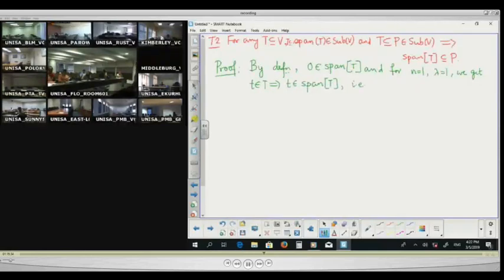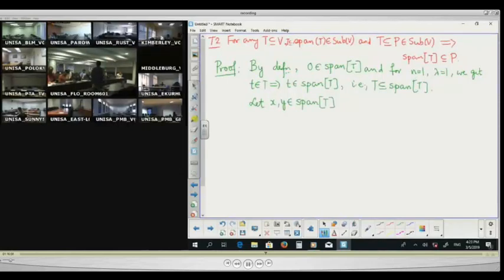Now show that it is a subspace. So already it's bigger than T, we must show it's a subspace. Non-emptiness is already done. So let x and y be in span of T and lambda a scalar, and I have to show x plus lambda y is there.